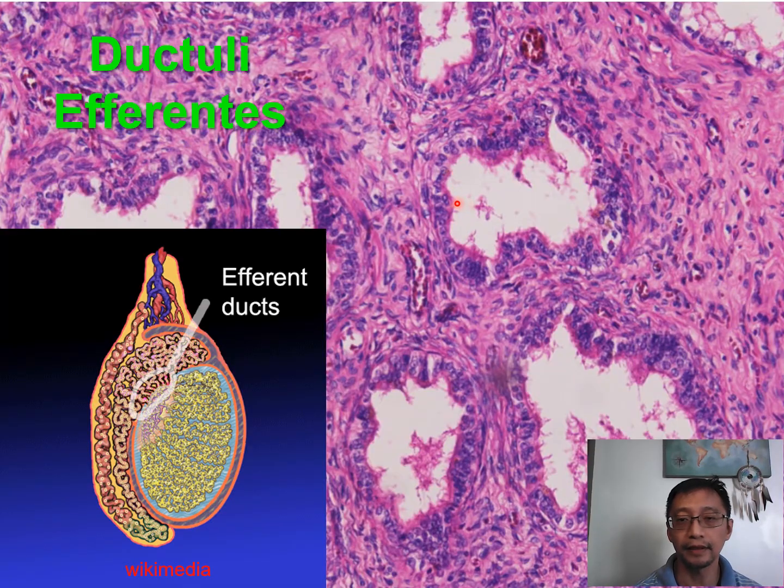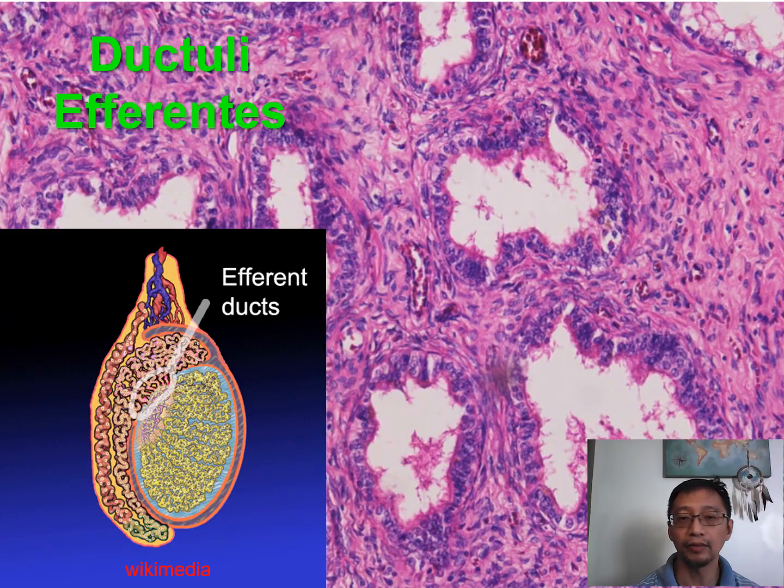The tall cells are ciliated while the low cuboidal cells have absorptive properties. The volume coming from your seminiferous tubules is decreased here in the efferent ducts, thus providing a force that will promote movement of fluid from the seminiferous tubules into the efferent ducts.